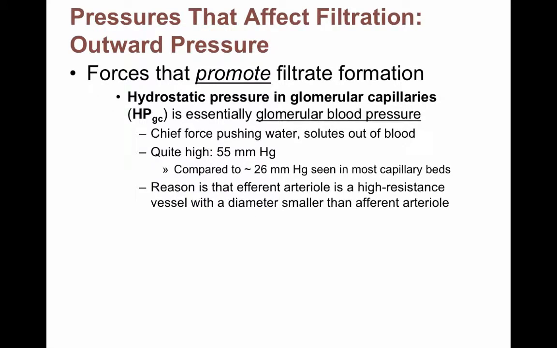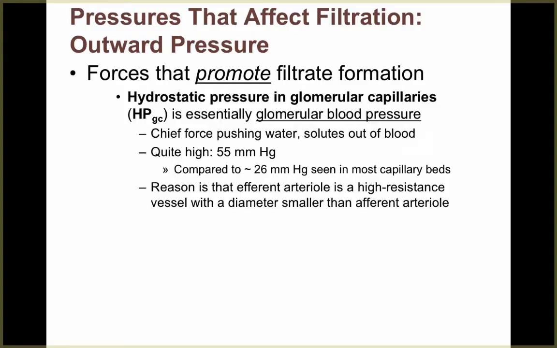There are certain pressures that promote filtrate formation. You have hydrostatic pressure in the glomerular capillaries, known as HPgc, which is the glomerular blood pressure. It pushes water and solutes out of the blood, and this pressure is normally about 55 millimeters of mercury.